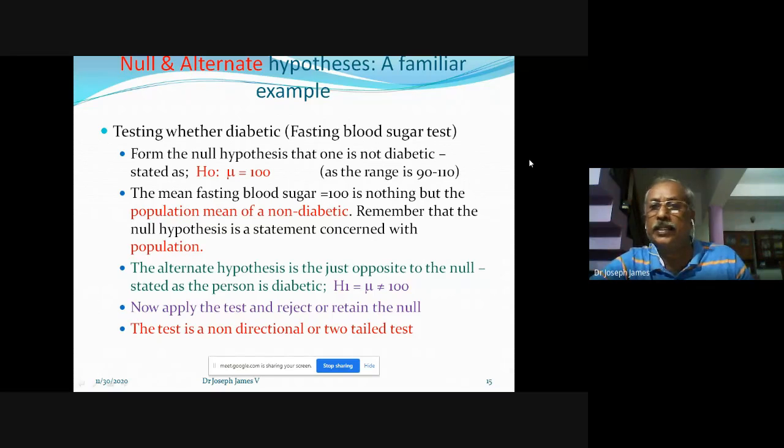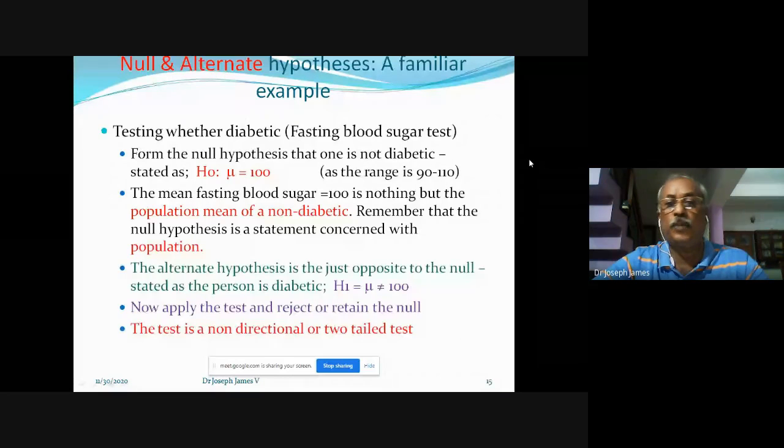The range is 90 to 110, and that is why we fix it as 100, and it is a statement regarding the population. The mean fasting blood sugar of 100 is nothing but the population mean of a non-diabetic. The null hypothesis is a statement concerned with the population. It should always be a statement concerned with the population, and we form it for the purpose of generalization.